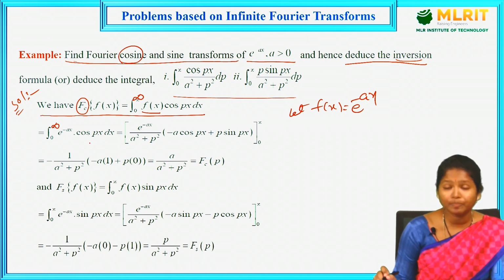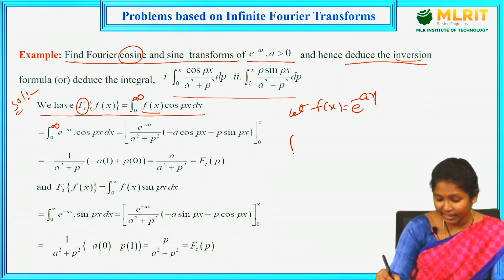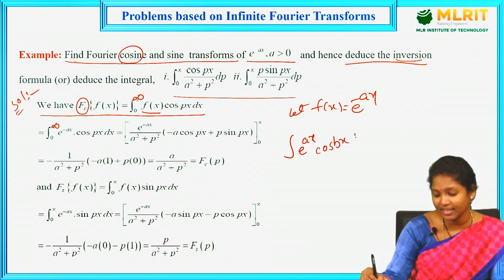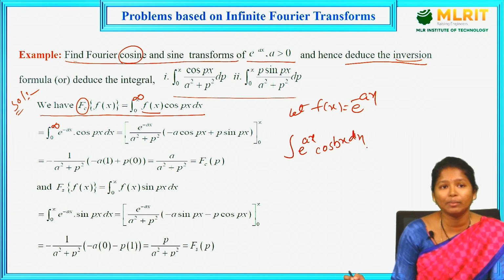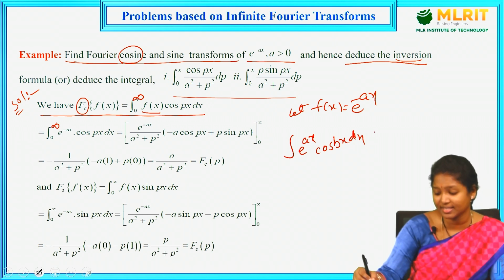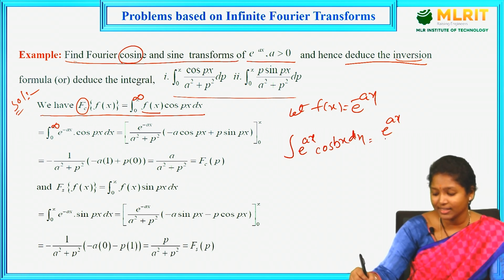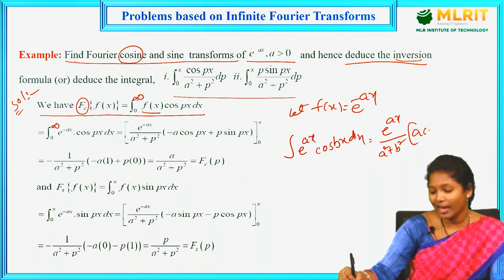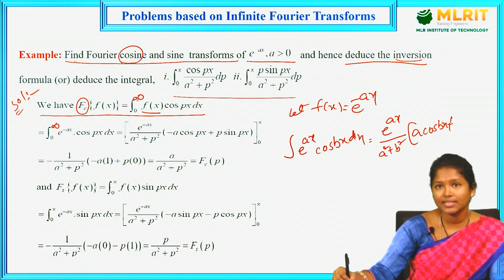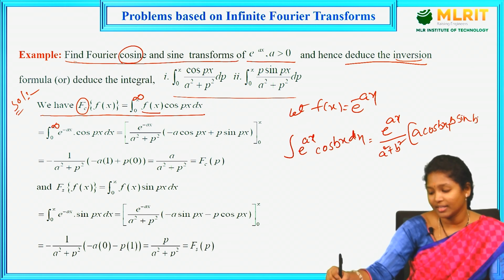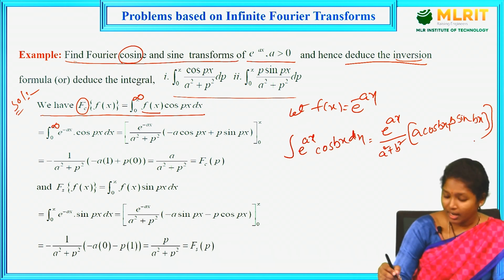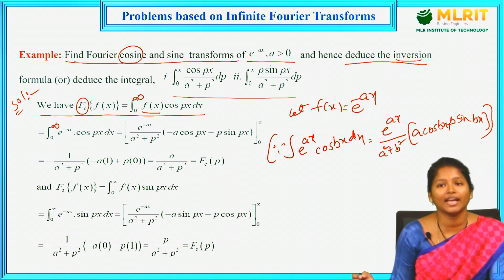This is in the form of integral e power ax cos bx dx. The formula for it is e power ax by a square plus b square, times a cos bx plus b sin bx.